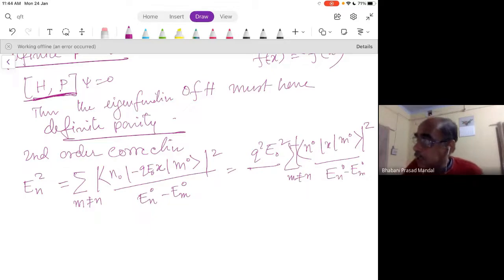Okay, so now let us calculate. To calculate this, we need x. It will be easier for us. x can be written in terms of creation and annihilation operators.